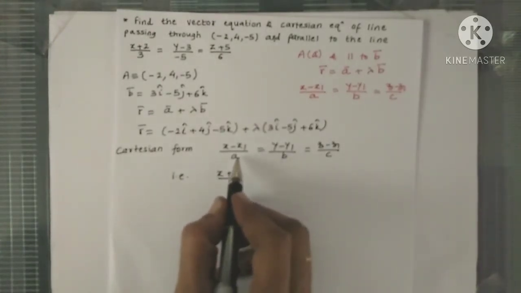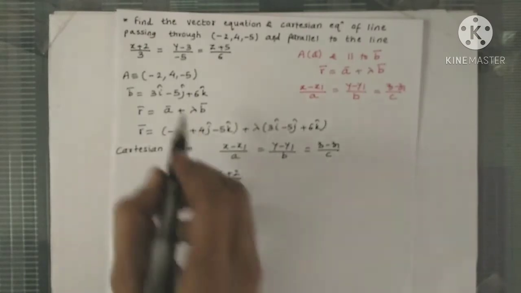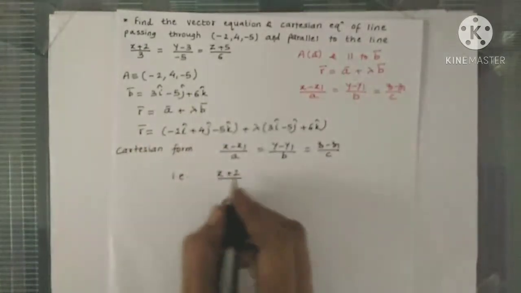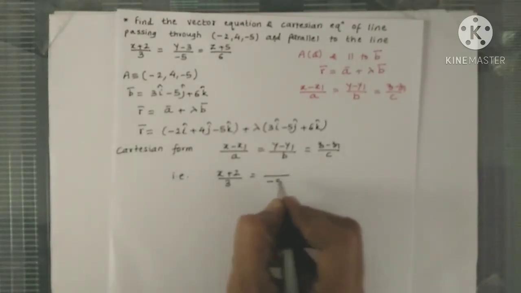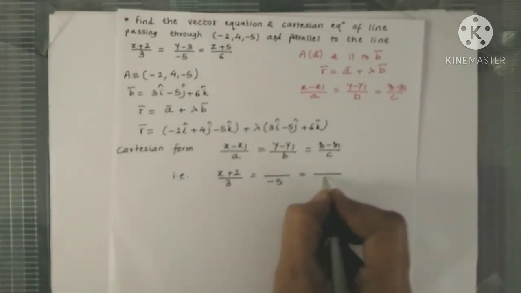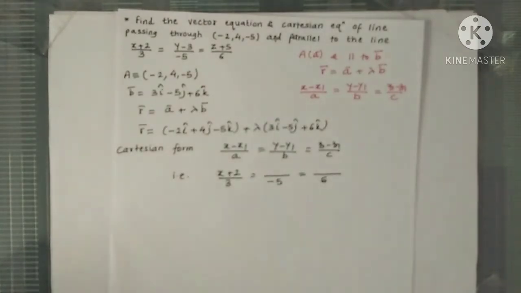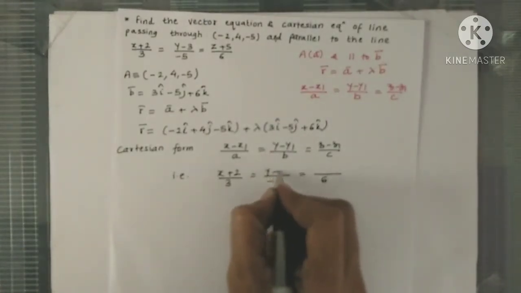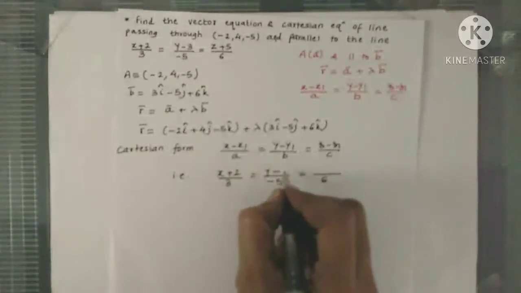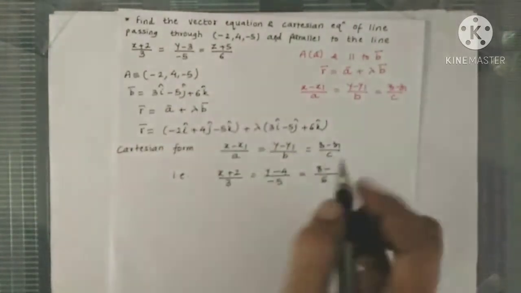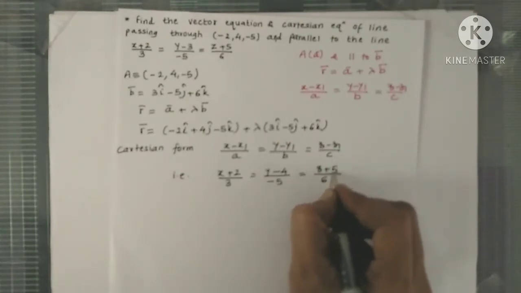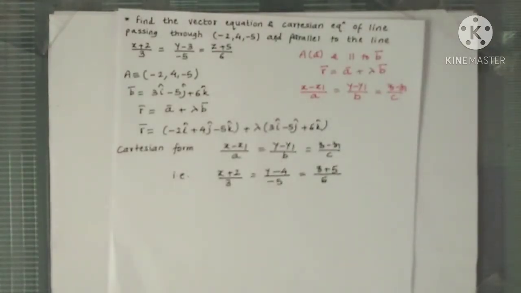These are direction ratios of the vector, and direction ratios are 3, -5, 6. So here we have 3, in the next one -5, and in the next the denominator is 6. Now the numerator is y - y1, y1 is 4, so y - 4. z - z1, z1 is -5, so minus minus plus, z + 5.